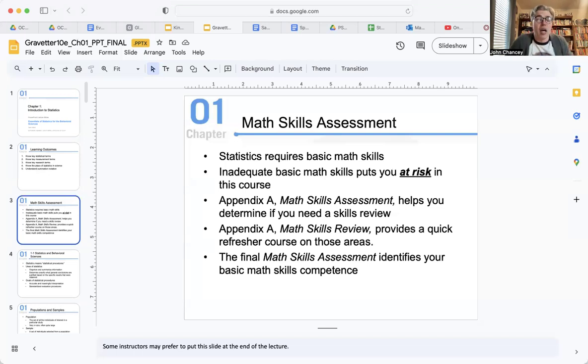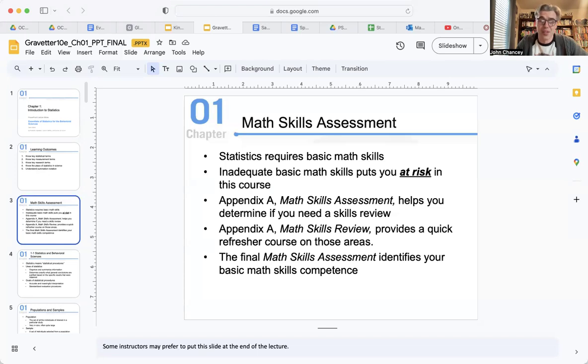However, I do want to be really upfront with you that if you don't feel prepared, or if your math skills are inadequate or lacking, that will make this class more difficult for you. I'm not saying it makes it impossible, it just makes it more difficult. You can evaluate some of those skills yourself. If you have the Gravetter textbook, you can go to Appendix A in the back.